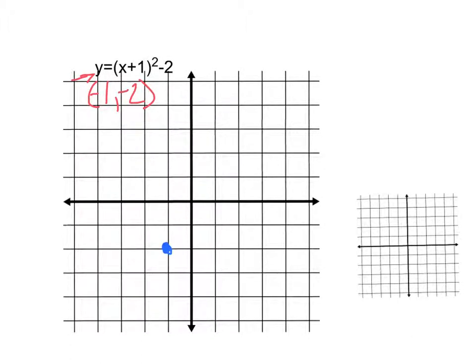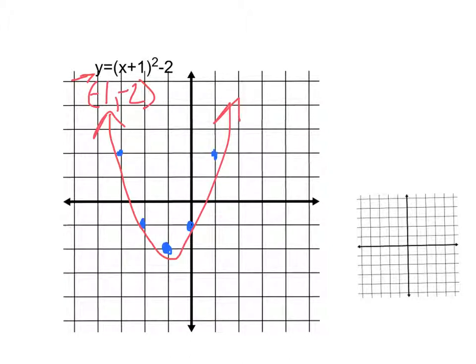From that, we would find that we would get the points 0, negative 1, and 1, 2. Since we know that there's an axis of symmetry right along the vertex, we can duplicate these points as well and get the point negative 2, negative 1, and negative 3, 2. From there, it's a simple matter to draw our curve and get a rough sketch of our parabola.